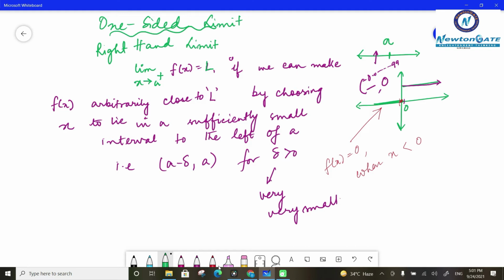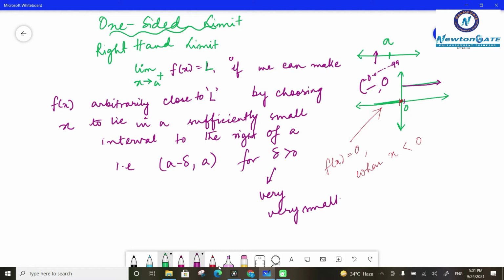We can make f(x) arbitrarily close to L by choosing x to lie in a sufficiently small interval to the right of A. So right now I will be considering the right of A.